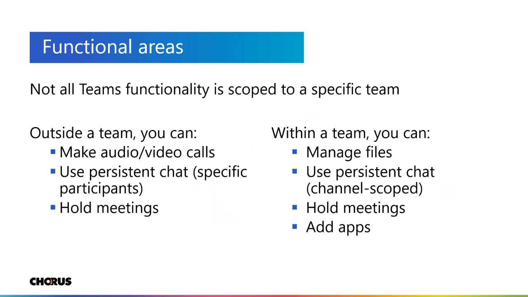Within a specific team, you've got some more abilities. You've got the ability to manage files, to use channel scoped persistent chats, you can have channel scope meetings, and you can add apps. So our focus from a governance point of view is going to be on what you can do within specific teams, because that's where most concerns that we hear lie.